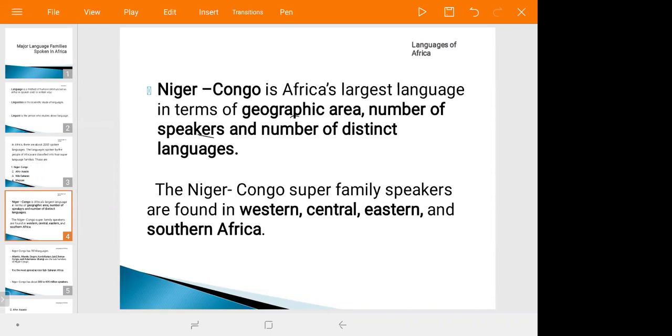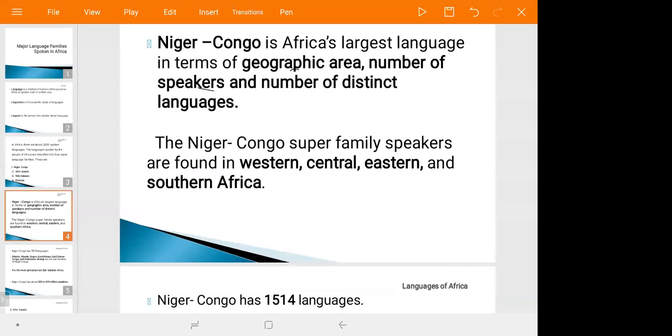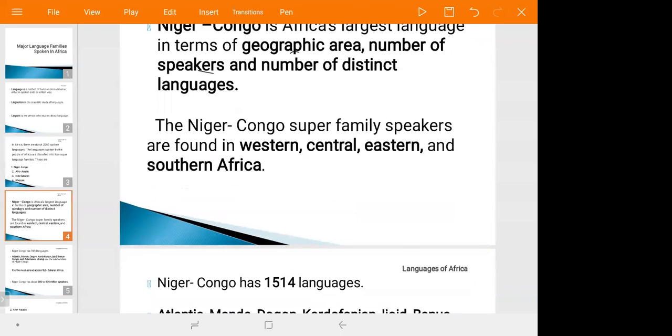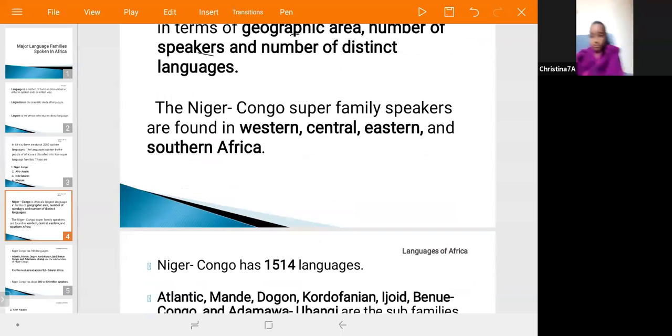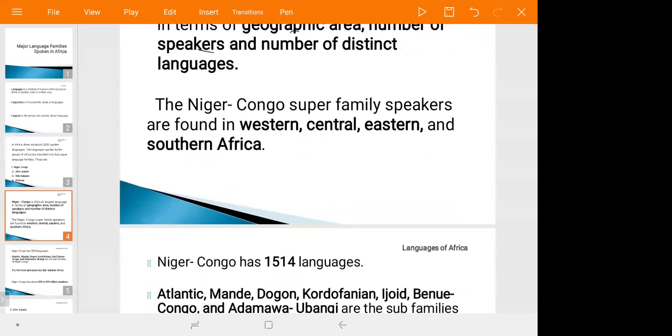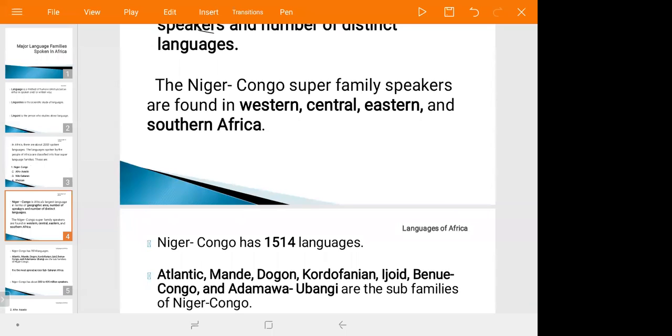So Western, Central, Eastern, and Southern Africa have speakers of the Niger-Congo languages. Focus on these places.